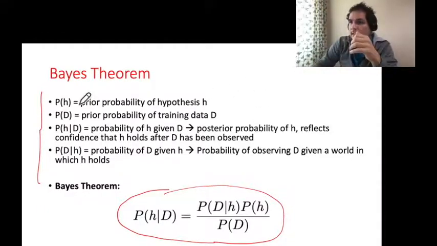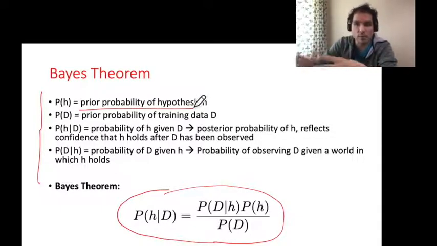We need to understand that P(H) is going to be the prior probability. I'm going into more details, with examples, in order to explain this in a minute, but let's define this as the prior probability of the hypothesis.